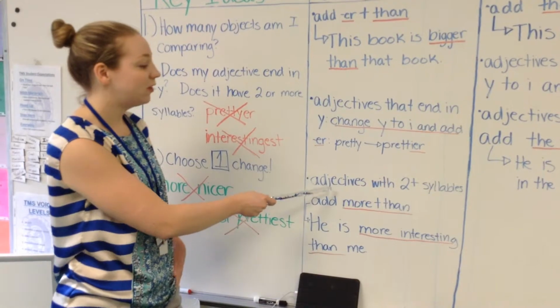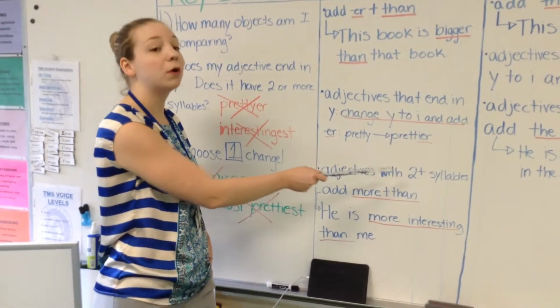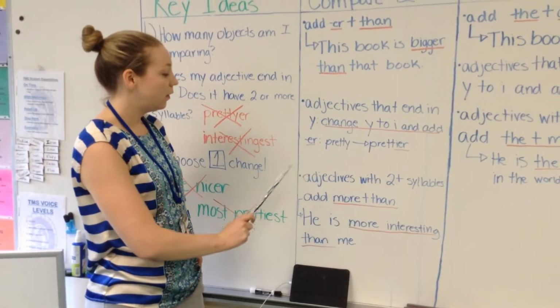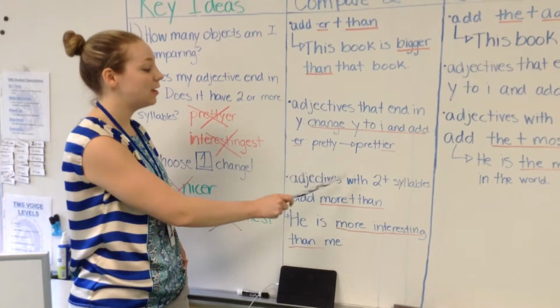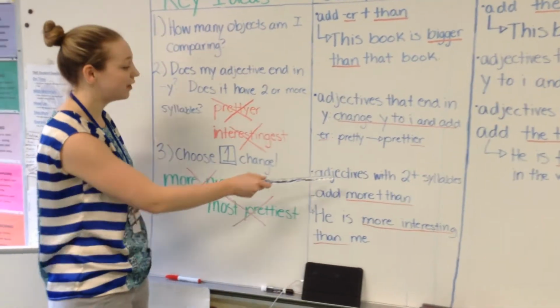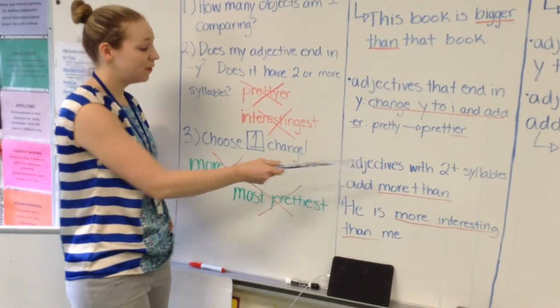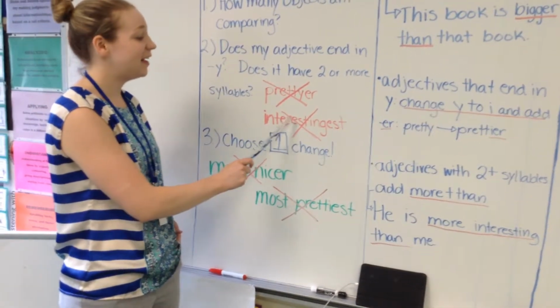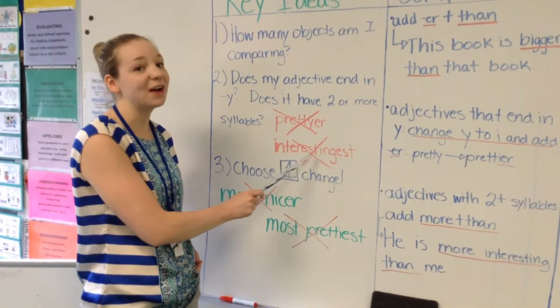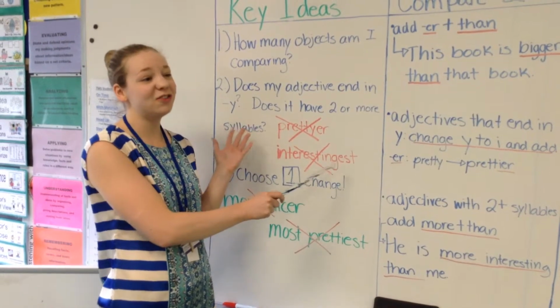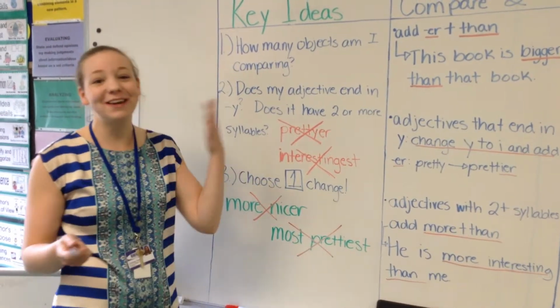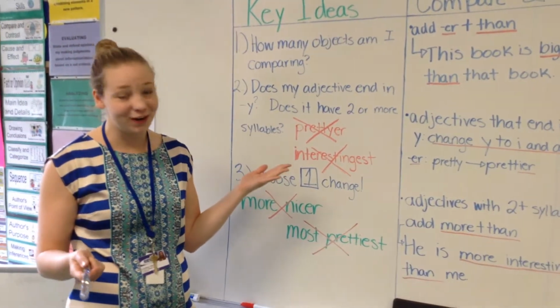When we have adjectives that have 2 or more syllables, we cannot say ER. So if it has 2 or more syllables, we cannot say interesting-er. No, it's just too hard to say. It's just too many syllables for me to say in one word.